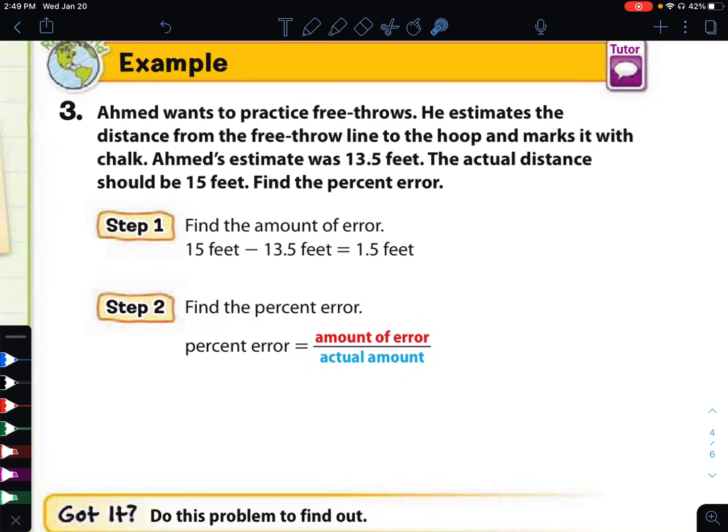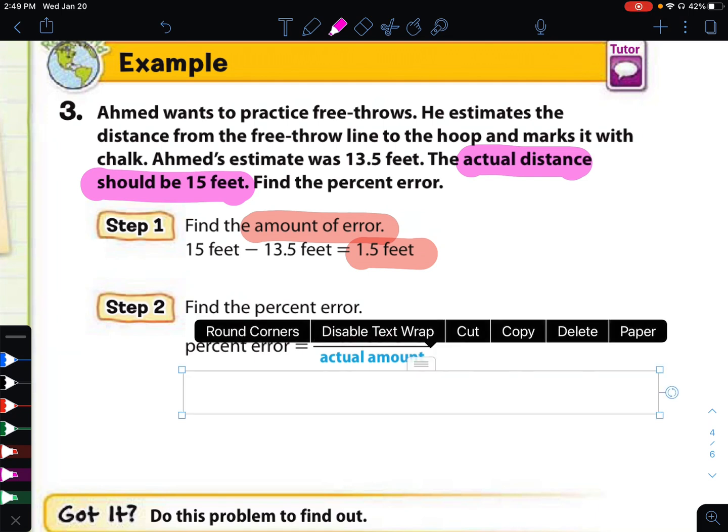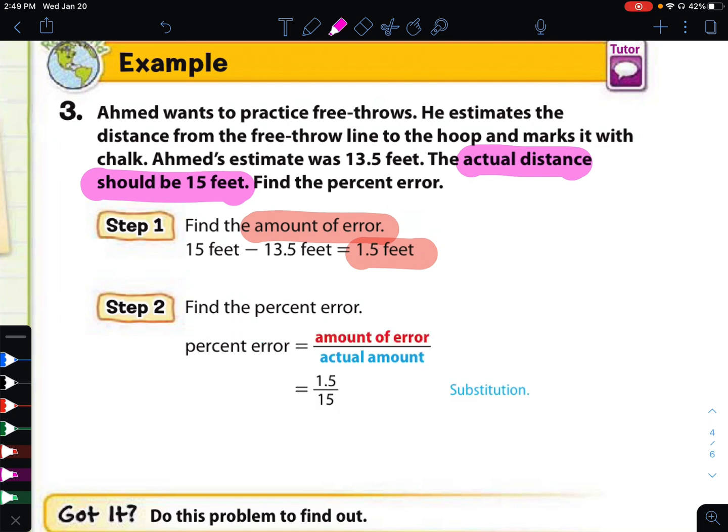The amount of error is 1.5 feet. We are also given the actual amount, which is 15 feet. So if we substitute that, it becomes 1.5 over 15.